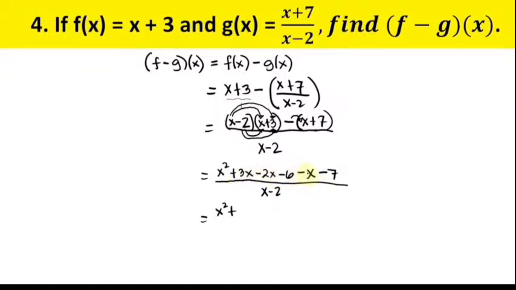So this one understood na may 1, so 3 minus 2 magiging positive 1, minus 1 equals 0. So eliminate na ito, eliminate.